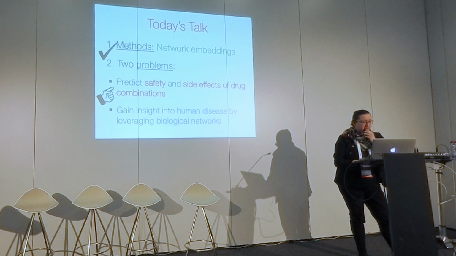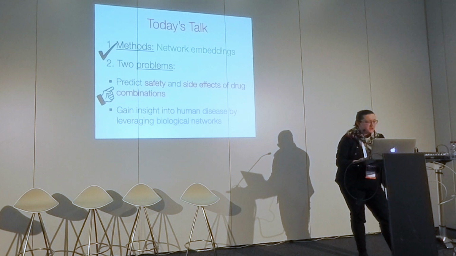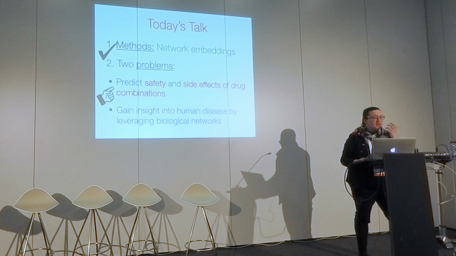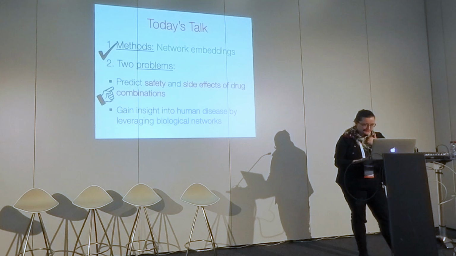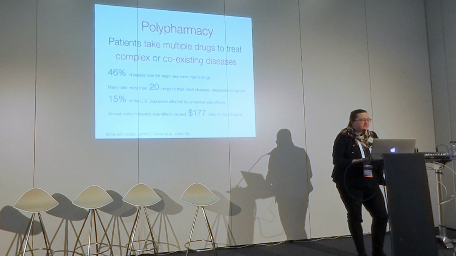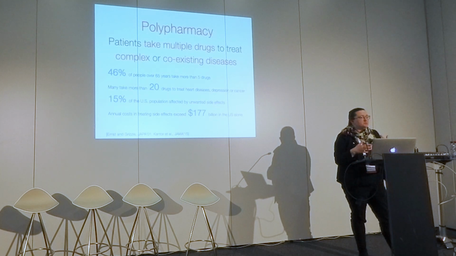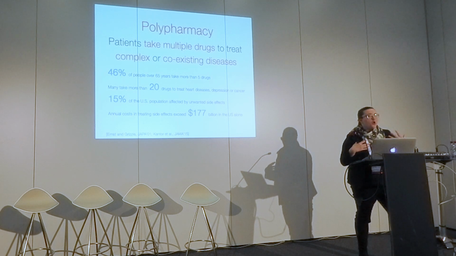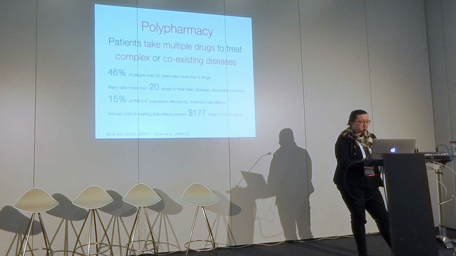And the first one will be how to use network embeddings, this idea of learning low-dimensional representations for complex multimodal networks, in order to model combinations of drugs. So to first motivate this project, a good question that you might ask yourself if you don't work in this area is, why would I even care about combinations of drugs?